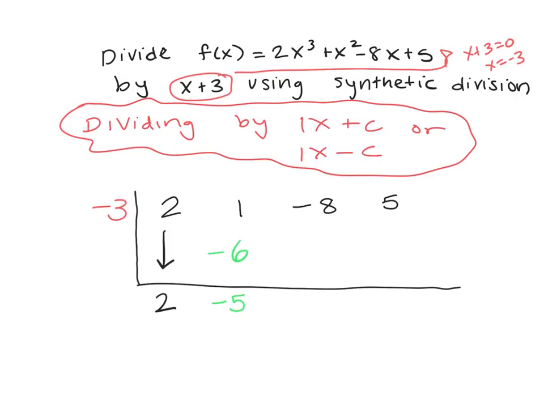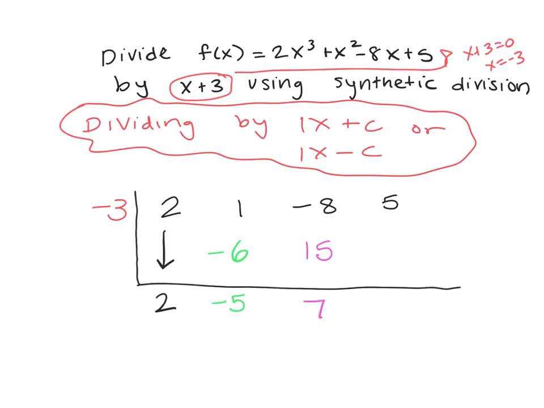Now you have to be careful that you don't mistake this with our polynomial long division, because with long division we're subtracting, but with this we're adding. Okay, so then we're going to repeat that again. -5 times -3 is +15. And now we're going to add going down. -8 plus 15 is +7.